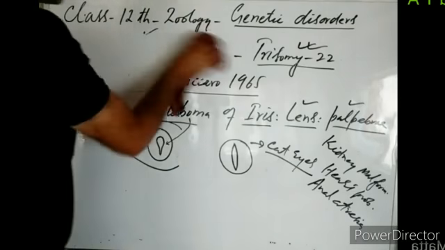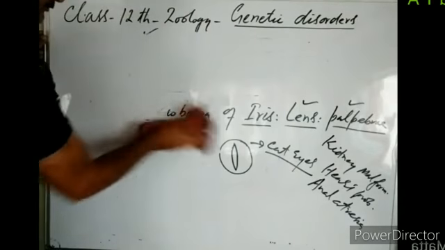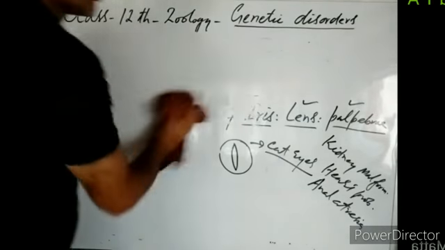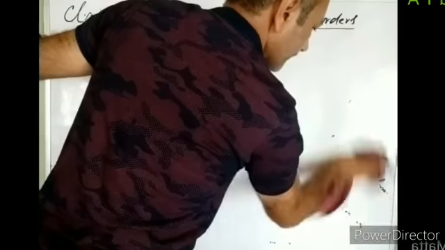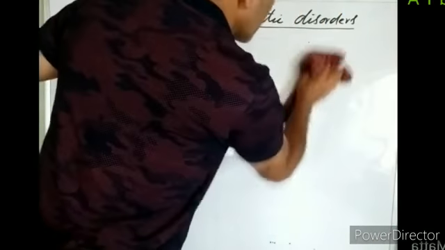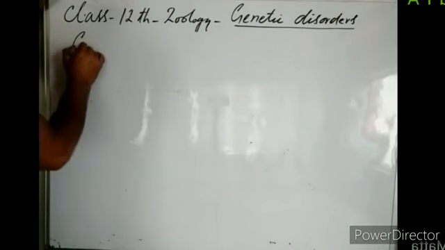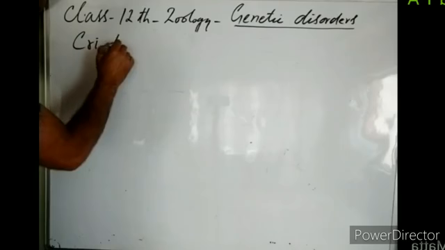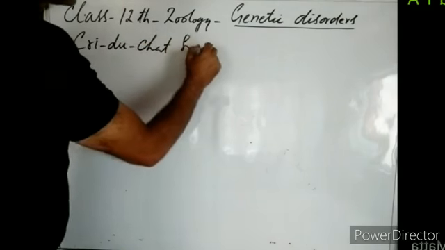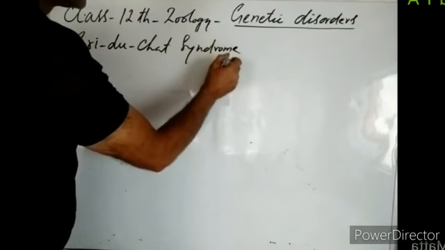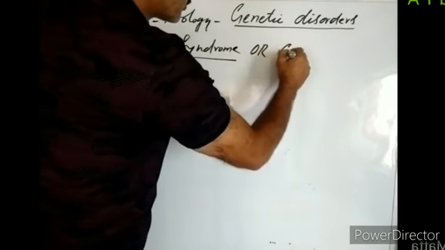Then there is another genetic disorder known as cri-du-chat syndrome, also known as cat cry syndrome.